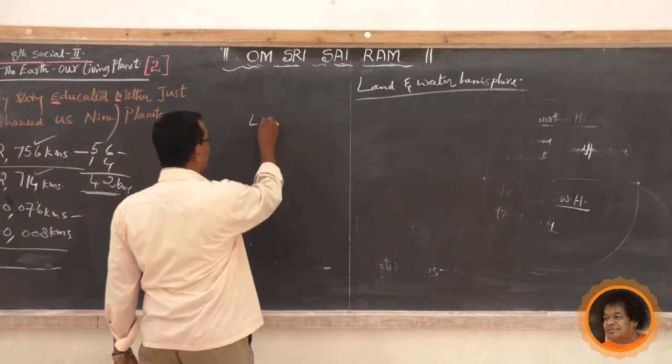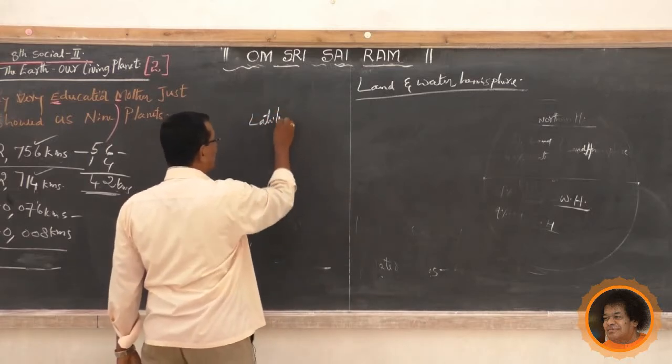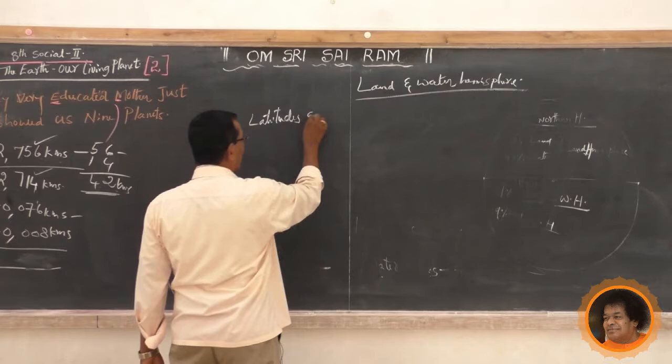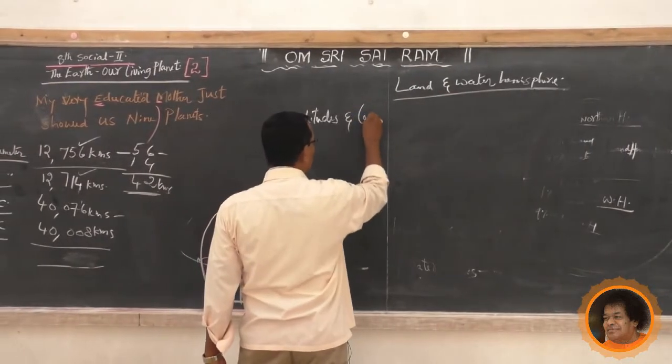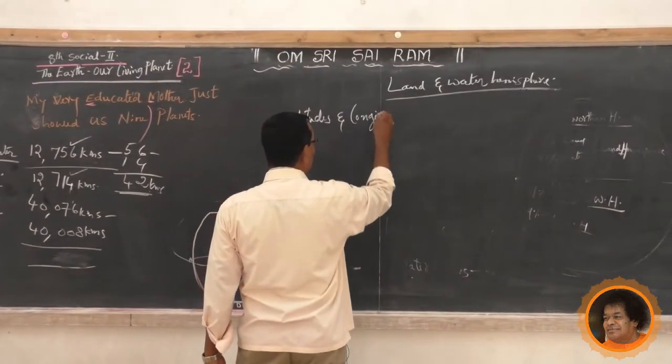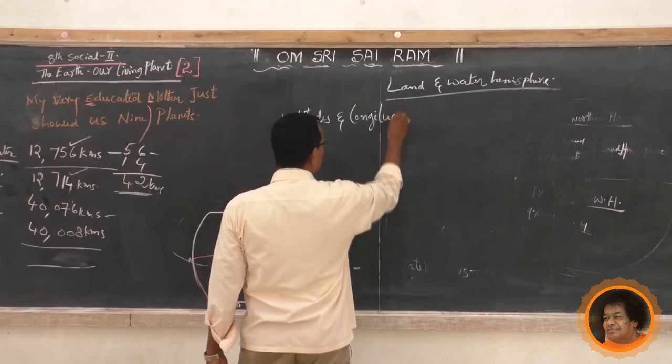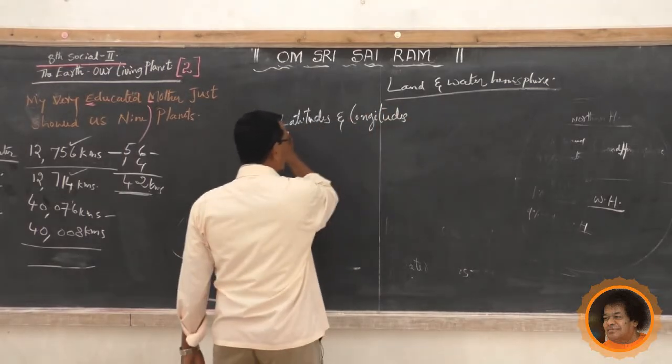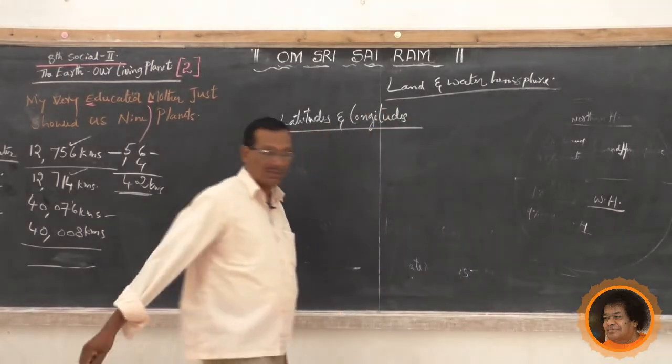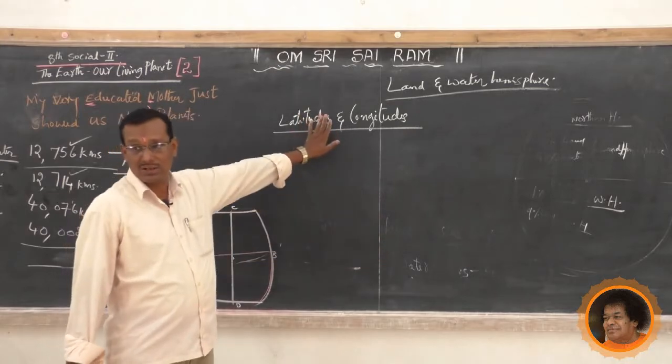Latitudes and longitudes, Akshamsha and Rekhamsha. These are very essential. Why?